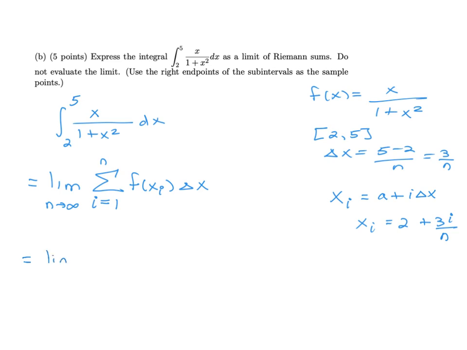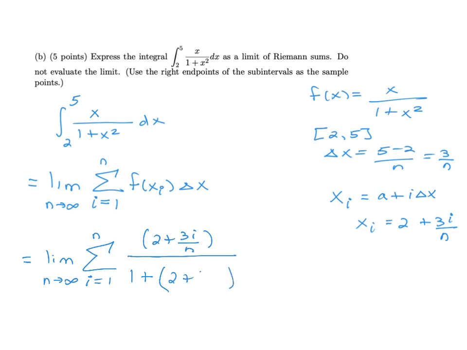This is the limit as n approaches infinity of the sum as i goes from 1 to n of f of x sub i, which is 2 plus 3i over n divided by 1 plus x sub i squared, which is 2 plus 3i over n squared, and this whole thing is multiplied by delta x, which is 3 over n. This problem says to not evaluate this limit, which is a great thing because this would be quite difficult, but this is what we're looking for here. This is the limit of Riemann sums with right endpoints.